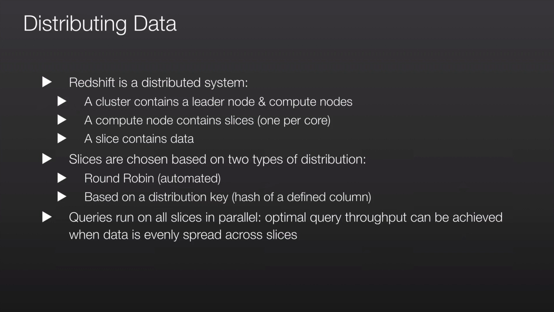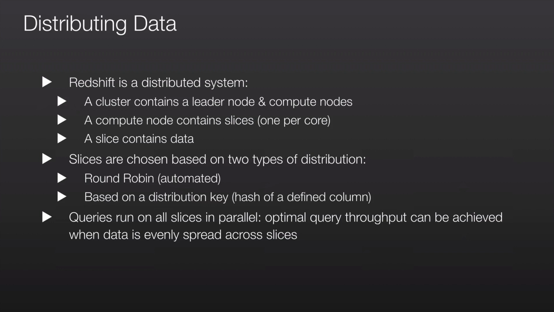But the queries themselves take place across compute nodes, and each compute node contains slices, 1 slice per core, and a slice is a logical container for data. They're chosen on 2 types of distribution: round robin, which can be automated, or on a distribution key where you define a column, hash is computed, and data is distributed in accordance with that hash.